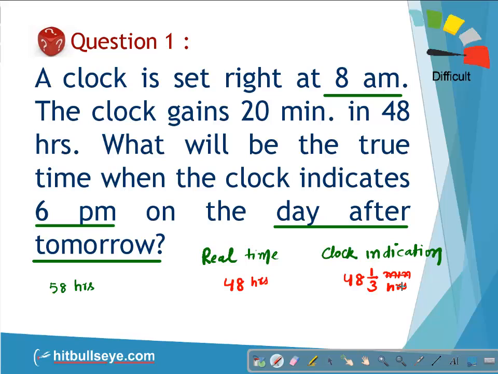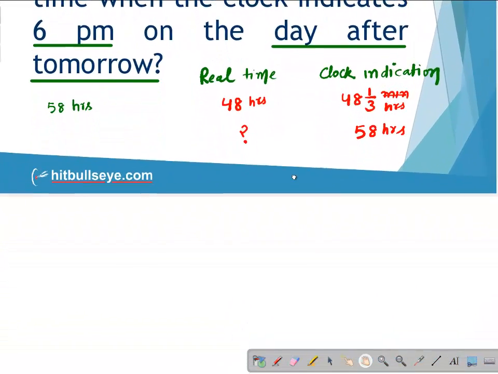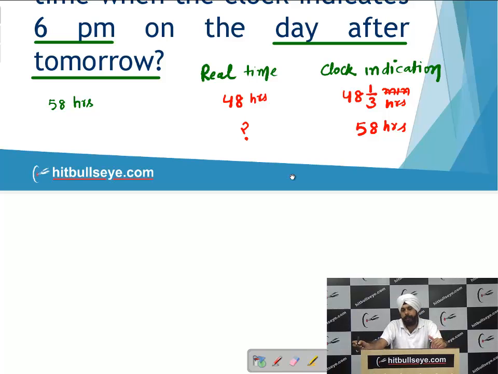Now students, this 58 hours, is it the real time or is it the time indicated by the clock? It says when the clock indicates 6 p.m. This means these 58 hours is the time indicated by the clock. Now you want to calculate the real time. You may think of applying the unitary method, which you have to, but it can be done in a better manner.